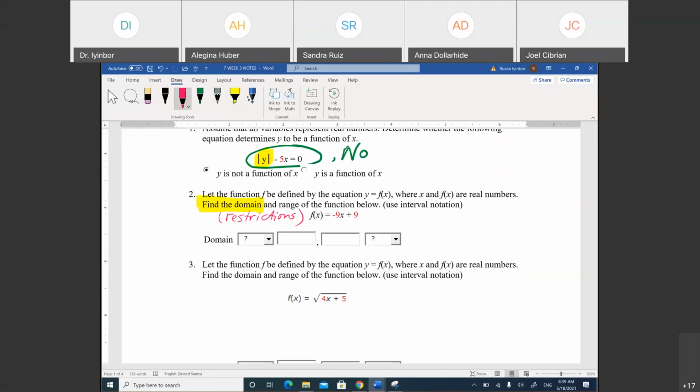You know restrictions in fractions, right? There are only 2 restrictions we're going to talk about. The restrictions are for fractions and for square root.